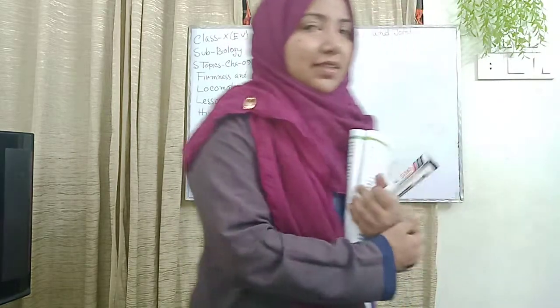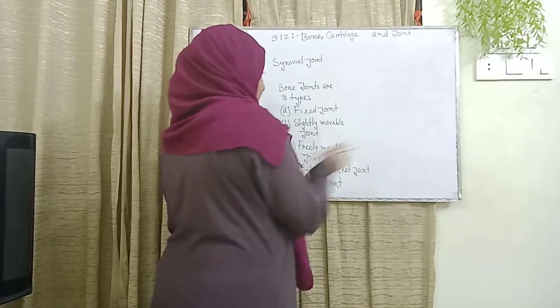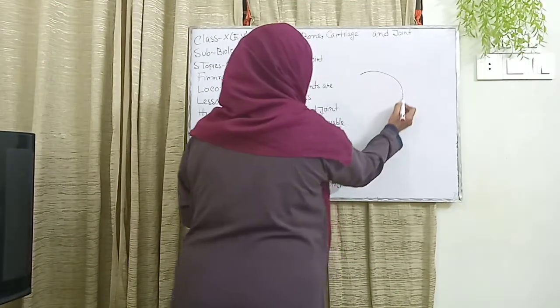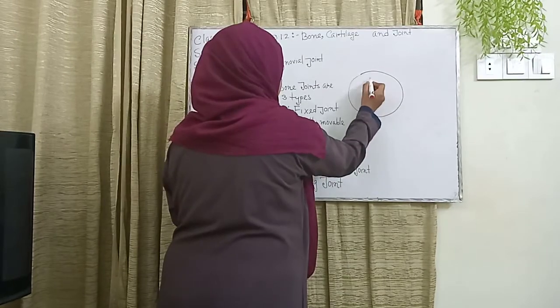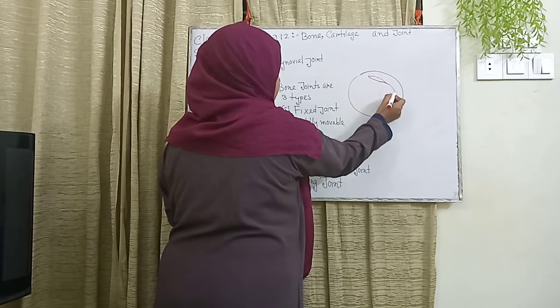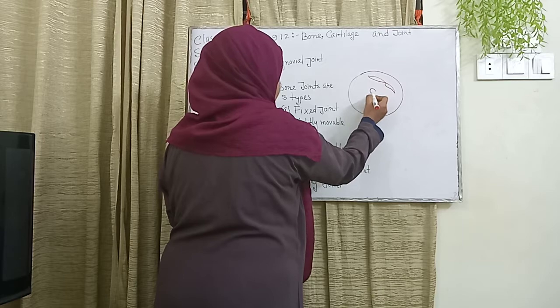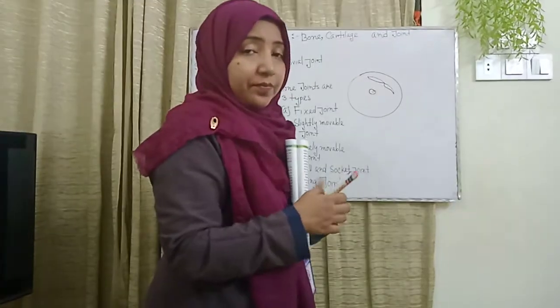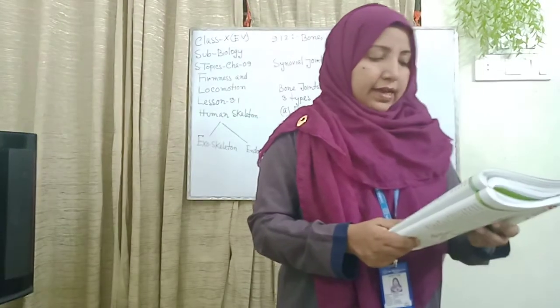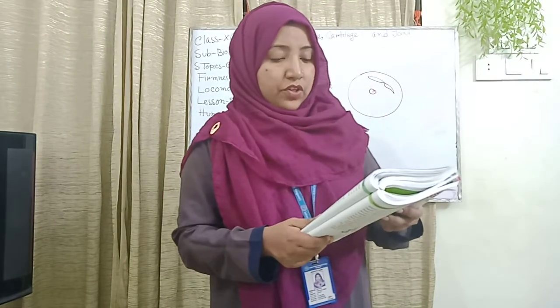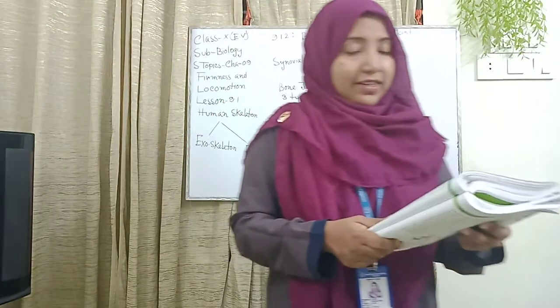I will draw this structure. In the cartilage, this structure is the lacunae, and the chondrocytes and chondroblasts are inside it.